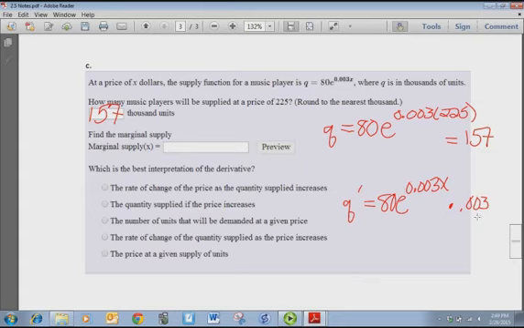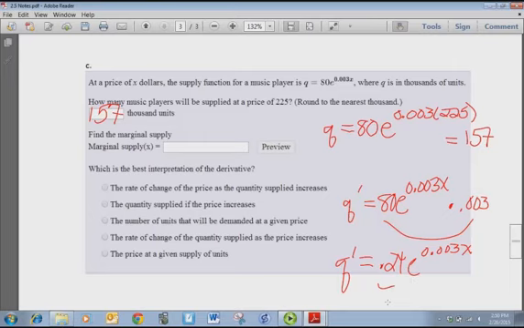And if you combine these together, you get that Q prime is 0.24 e to the 0.003x. That's just multiplying the 80 and the 0.003, you get 0.24. So that is your marginal supply.